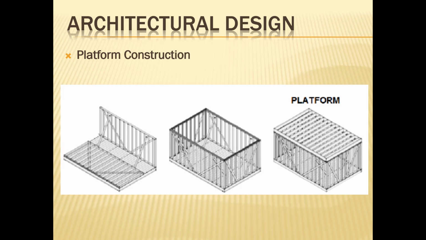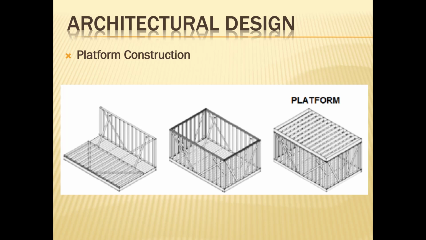The top of the walls are attached together with a double top plate, and then we will build the roof or the second floor on top of the walls. The walls are the load-bearing walls, but there's no direct access between the joists from the first floor to the second floor, and that creates a barrier for fires.